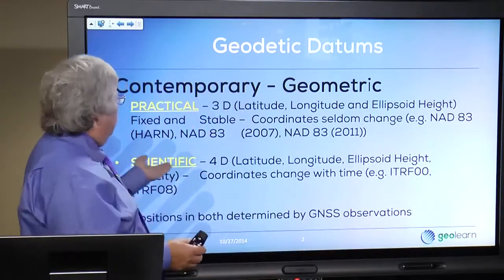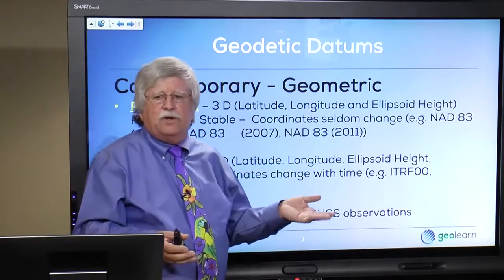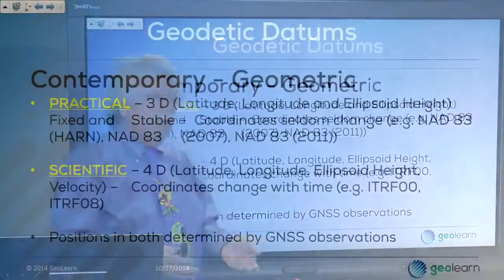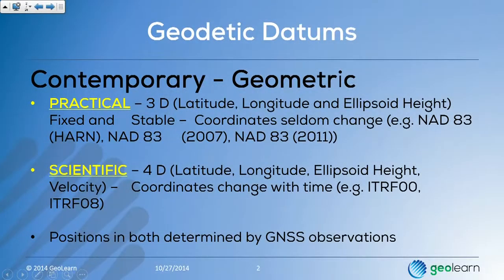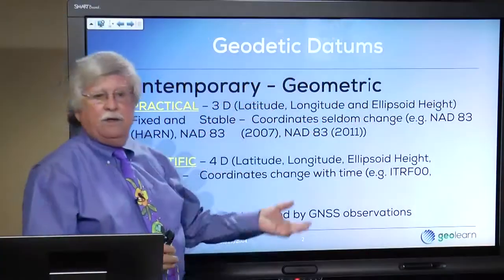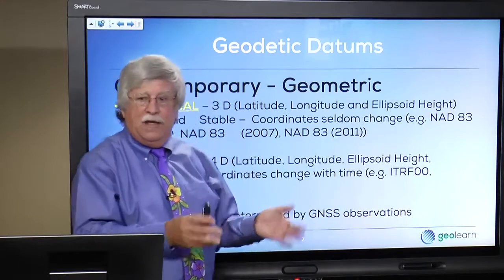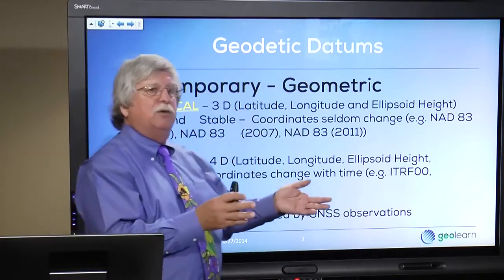We can also deliver what we might refer to as a scientific reference frame, and that is one, again, latitude, longitude, and ellipsoid height, just as we've seen here, but now with the added component of velocity. There are obviously many people in the scientific community, geophysicists and geologists and geodesists and others, who don't care about keeping their coordinates stable. They want to know how much things are moving.